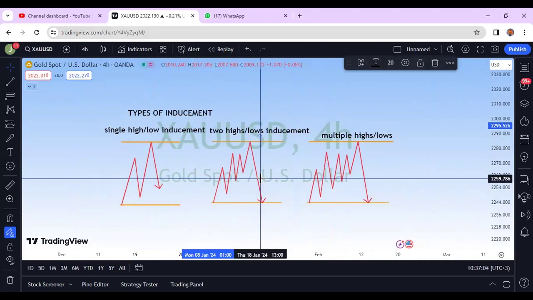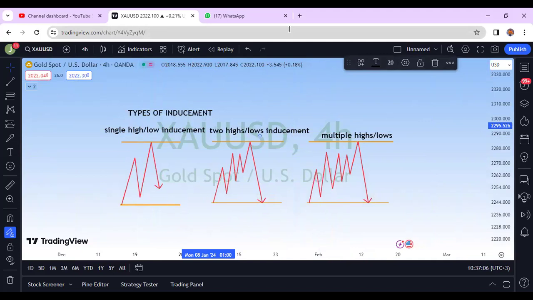So we have the single high, where the market, instead of forming double tops or whatever, just makes this first high. And maybe the orders here are enough to transact, or for the market to move. So the market will form a single high, then proceed to take it out and react from this point.